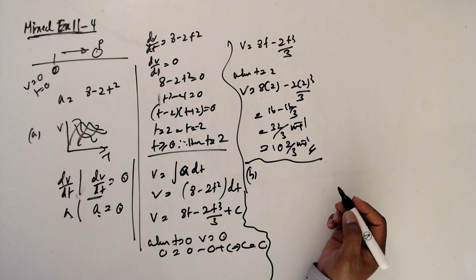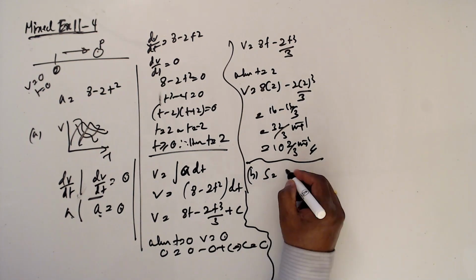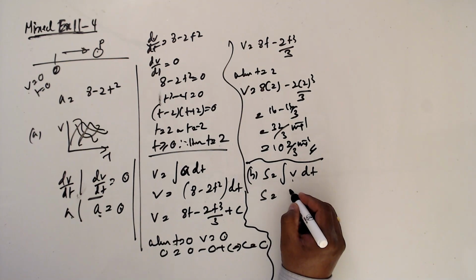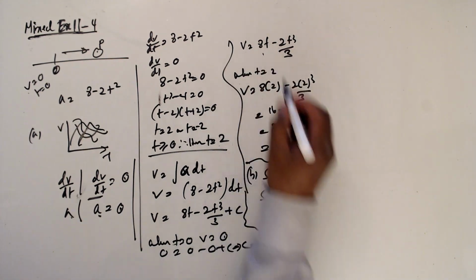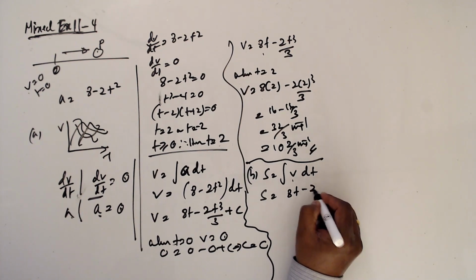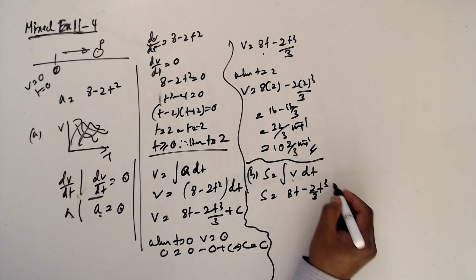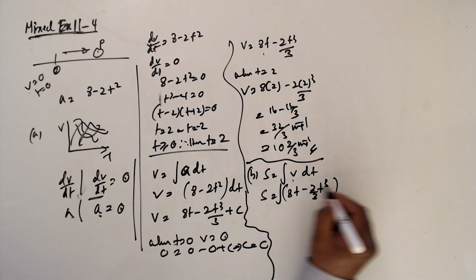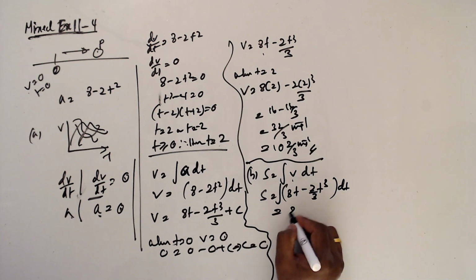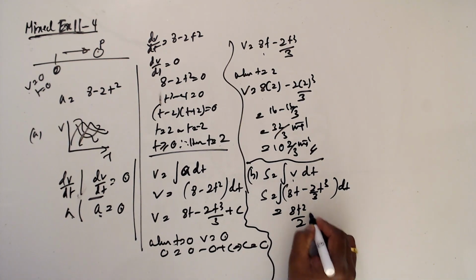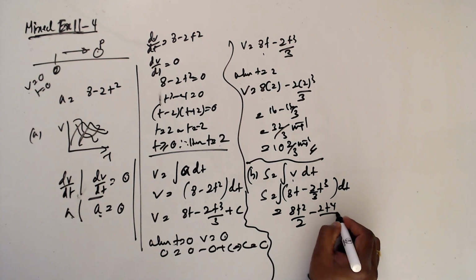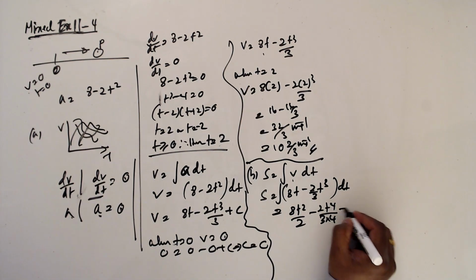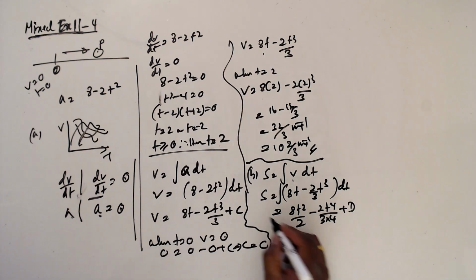Now I want to find the displacement, which means we integrate the velocity. So v, we found out, is 8t minus 2 over 3 t cube. Integrating with respect to dt, 8t square over 2 minus 2t to the power 4 over 3 times 4, plus a constant d.